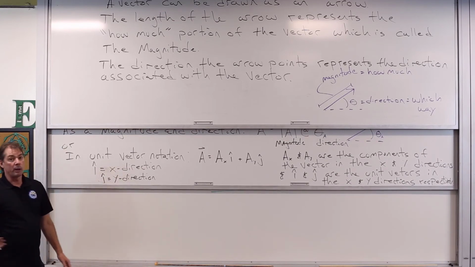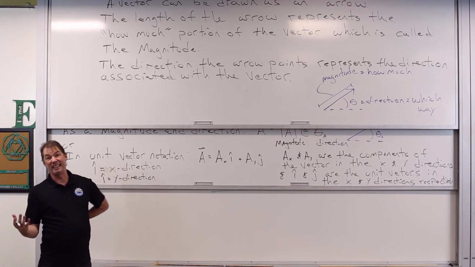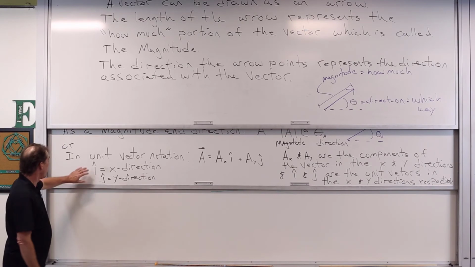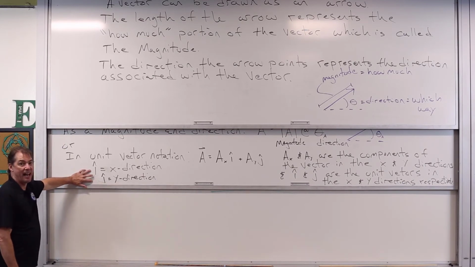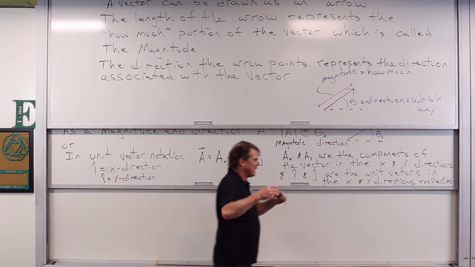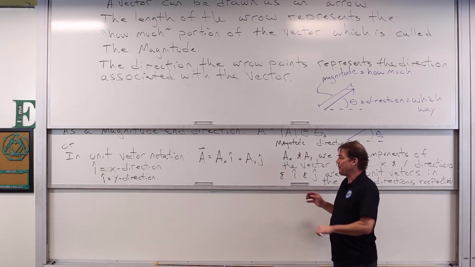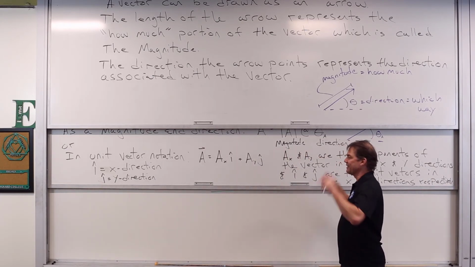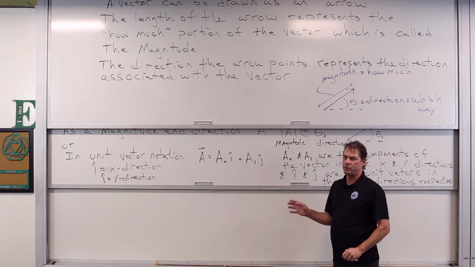And if we wanted to go into 3 dimensions, we can throw in a k hat, which would be the z direction. But we use i hat and j hat. So if you haven't seen i hat and j hat before, maybe you've seen x hat and y hat. We use i hat and j hat so that we don't get confused with the x's and the y's and directions and variables and all sorts of things.